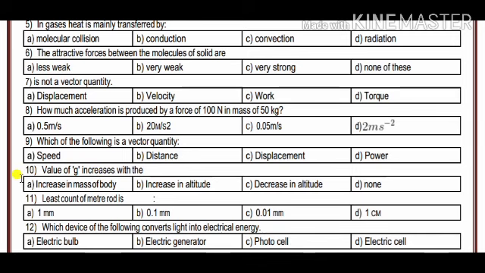The value of g increases with: increase in mass of body, increase in altitude, decrease in altitude, none. The least count of a meter rod is: 1 millimeter, 0.1 millimeter, 0.01 millimeter, 1 centimeter.